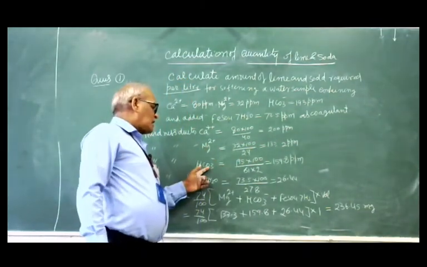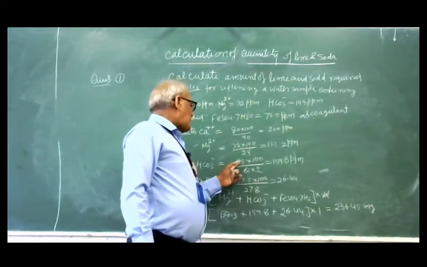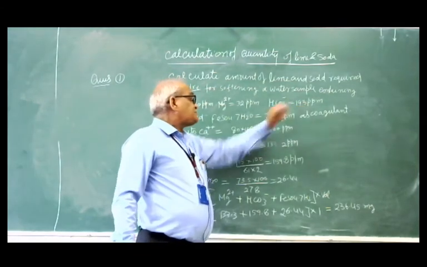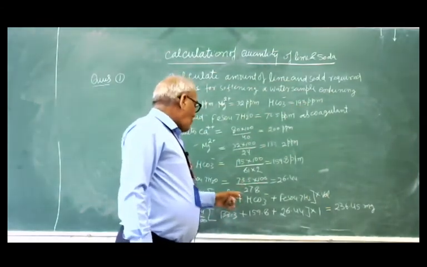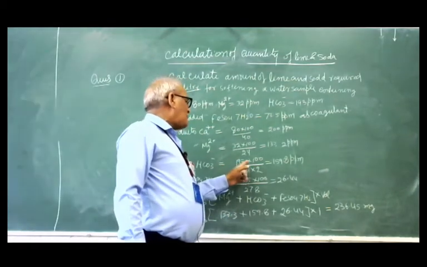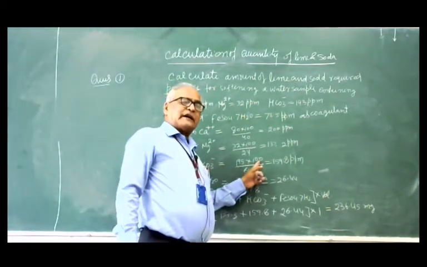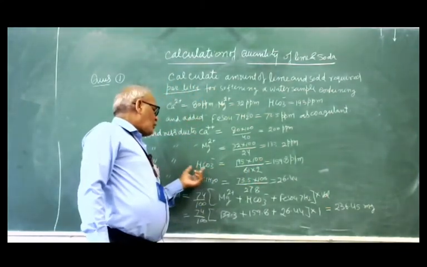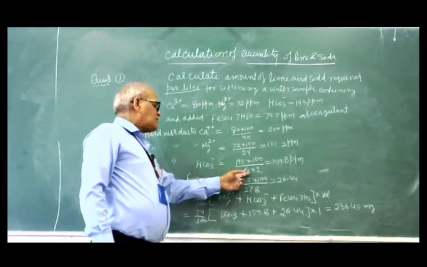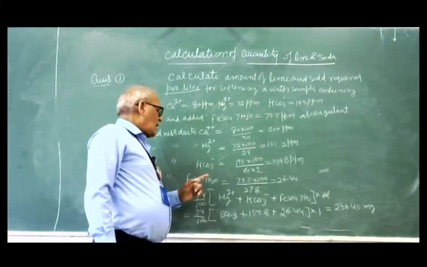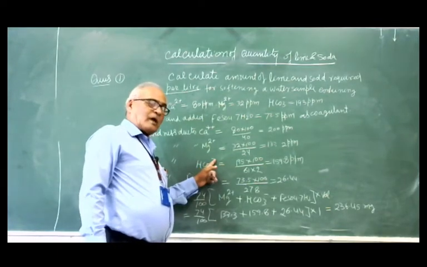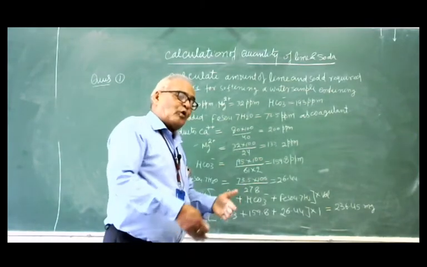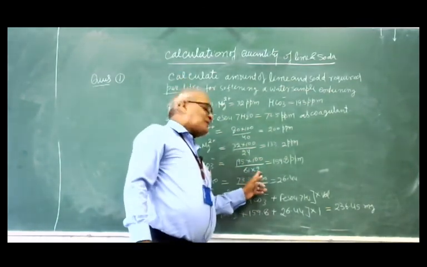Here bicarbonate. Here I have written 195. This is the amount of the bicarbonate present in the water. So the amount of the bicarbonate is 195 multiplied by the molecular weight of the calcium carbonate. Here 61, the weight of bicarbonate ion is 61, but it is monovalent, and here calcium ion is divalent. So to change monovalent into divalent, I have multiplied by 2.